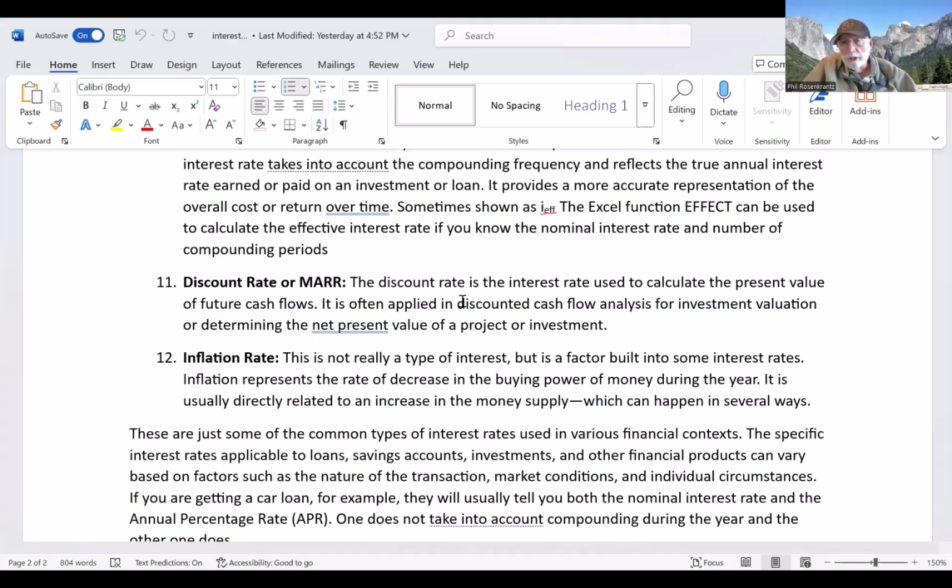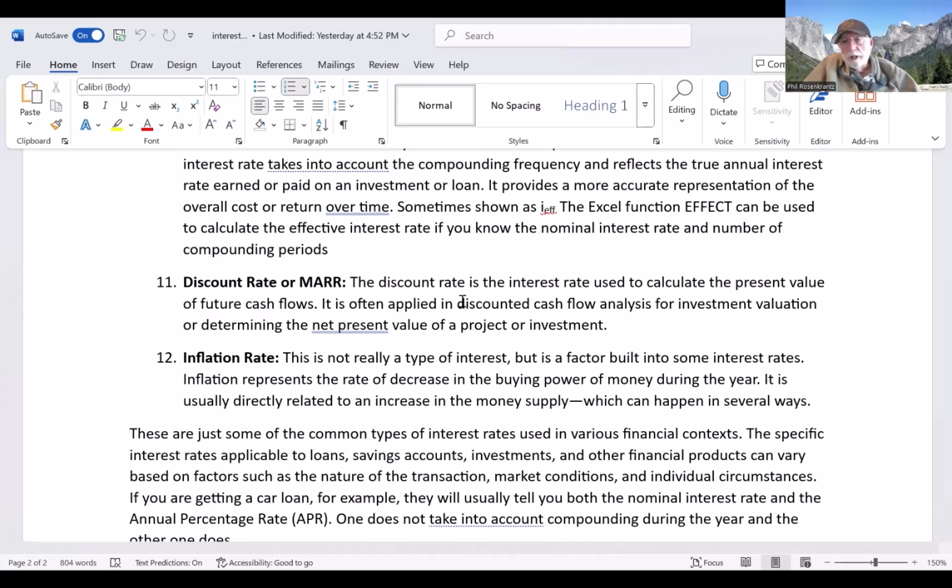Now, that's not really an interest rate, but it's used in conjunction with interest rates sometimes. But that is the amount of buying power that the dollar loses every year because of this thing we call inflation. Well, how does that generally happen?